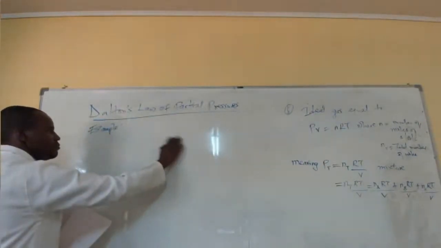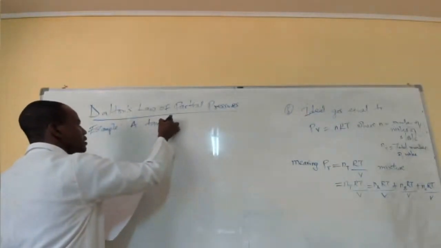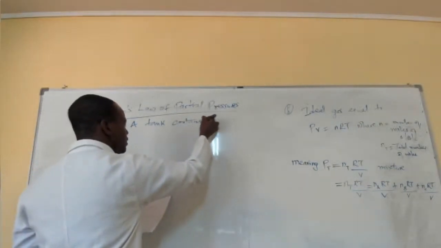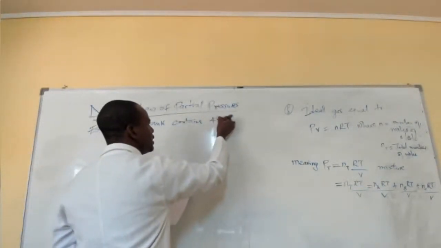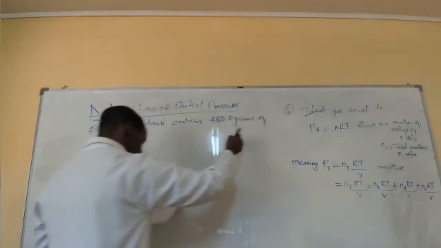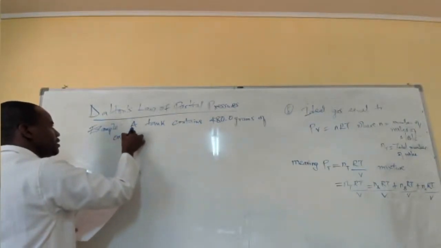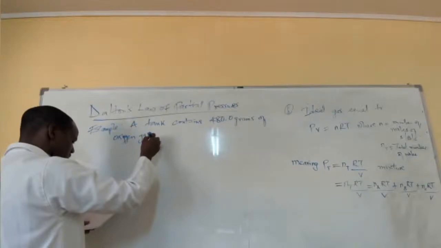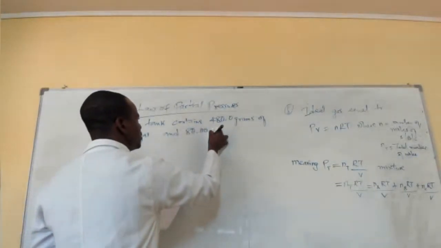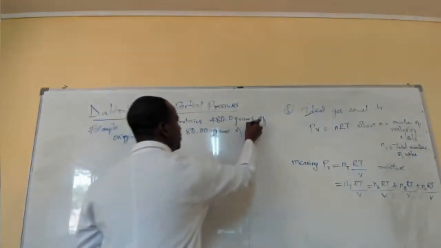I think this example is also there in the notes. So, a tank contains 480.0 grams of oxygen and 80.00 grams of helium.